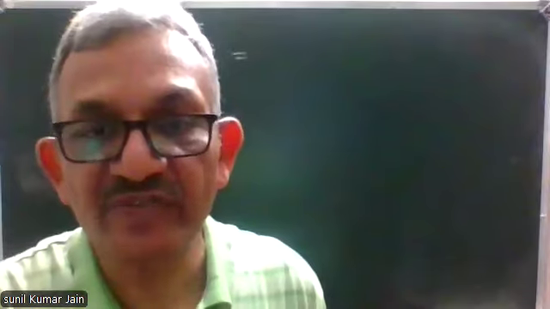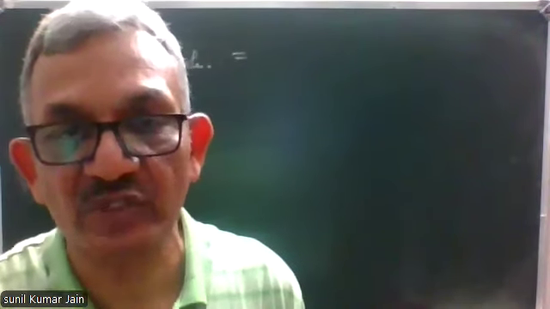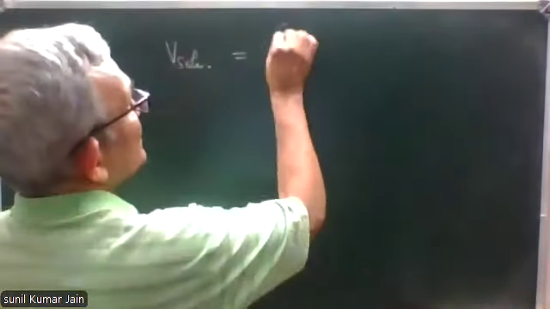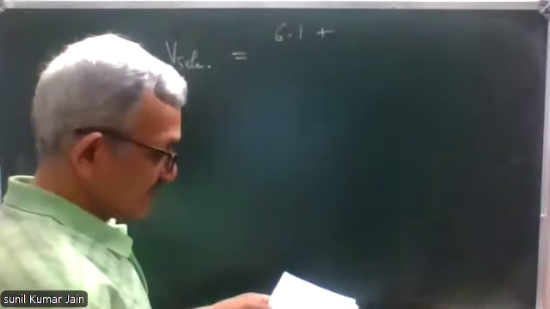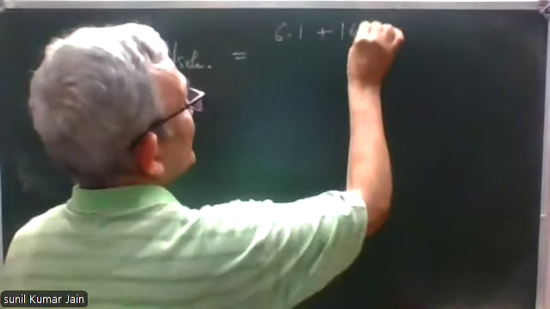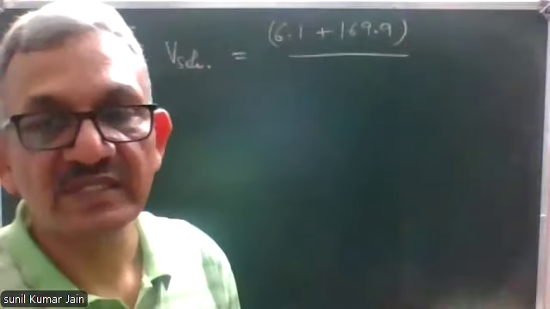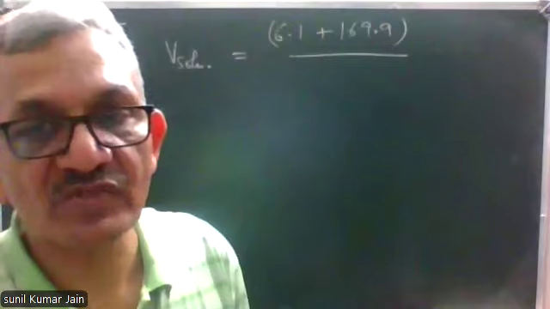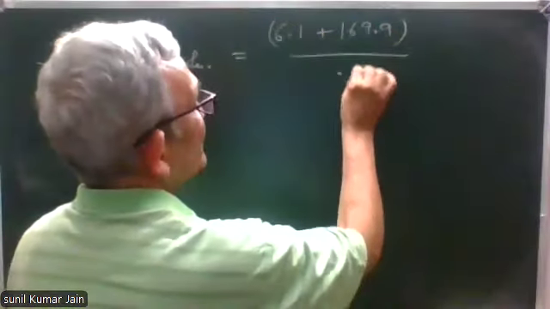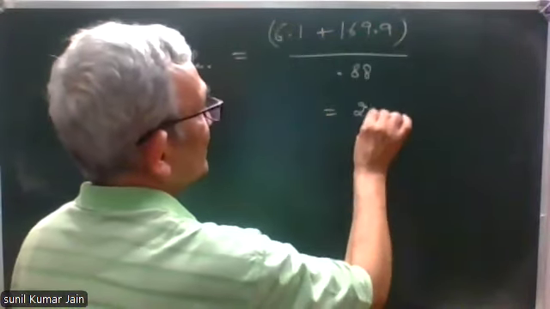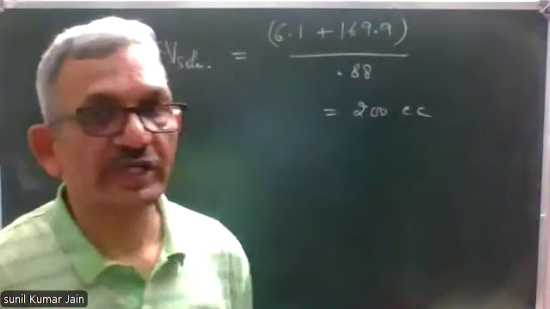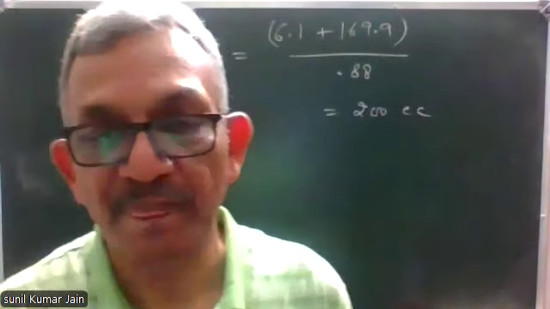So weight of solution will be sum of the masses of solute and solvent. So it will be 6.1 plus 169.9. So many grams is the mass of solution divided by density of the solution. So volume of solution is 200 cc.